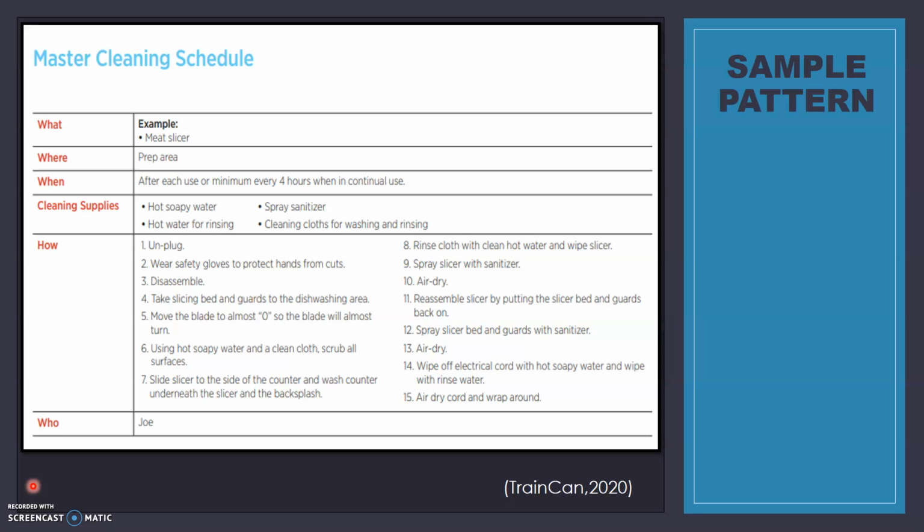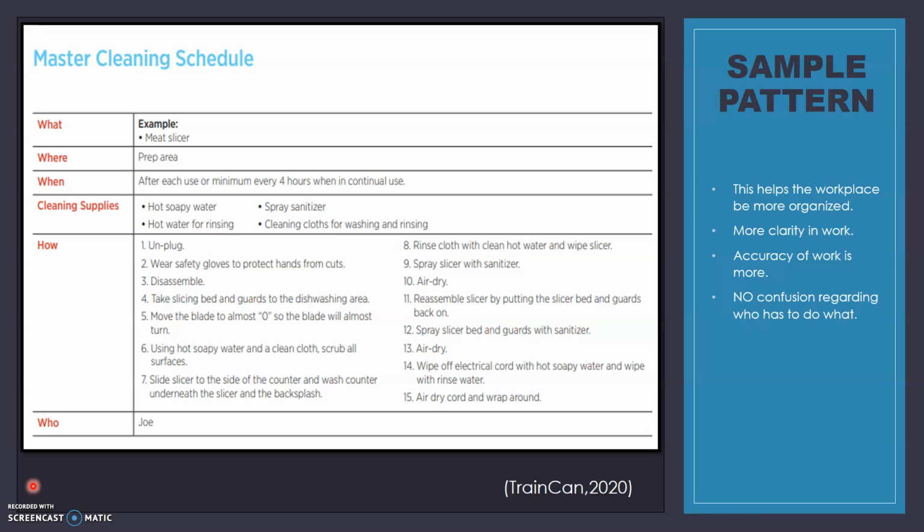This is a cleaning schedule. This is a sample pattern here. We already have this on record, and you'll be getting this for each and every piece of equipment we use. This is very precise and it helps us be more organized. It helps in clarity and accuracy of work. There's no confusion regarding who has to do what.